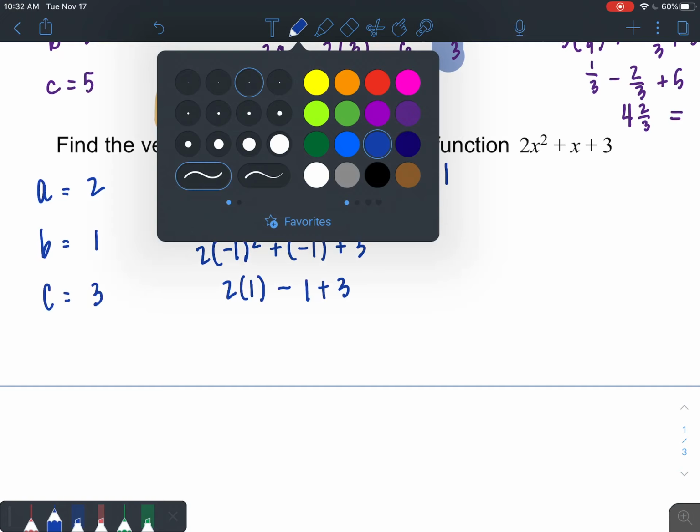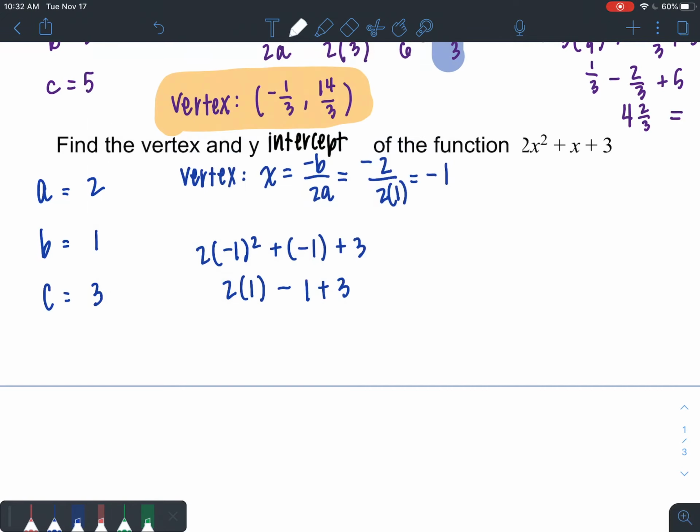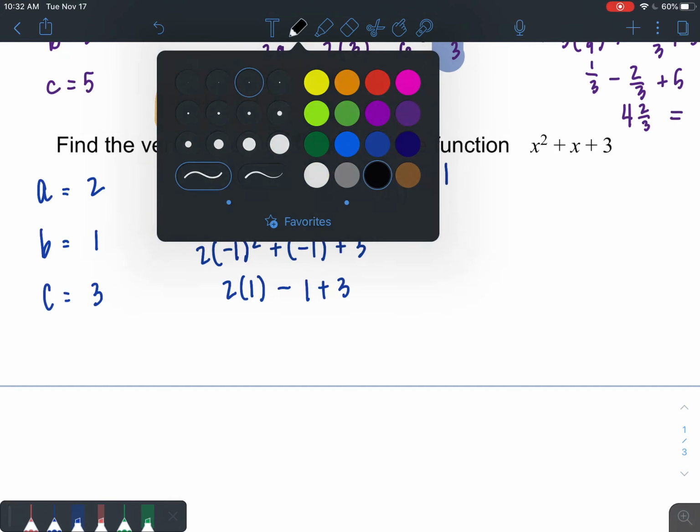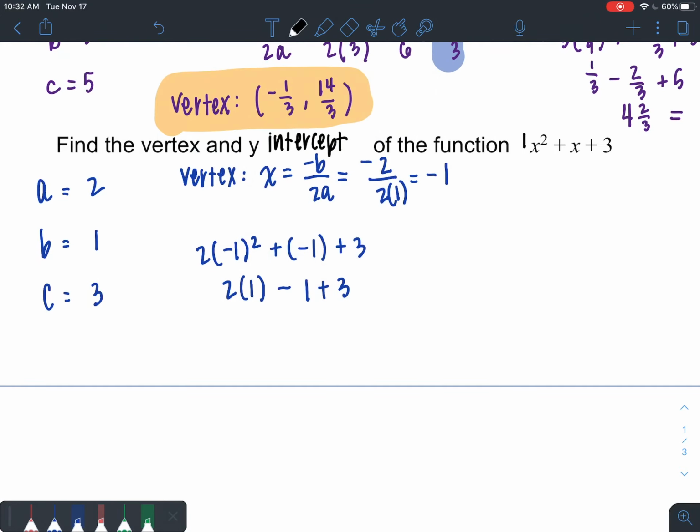Instead of changing all of our work, let's just change this value to a 1 and this one to a 2. I have to change this to a 1 and this to a 2 because I switched my negative b over 2a. Okay, so we fixed that easily.